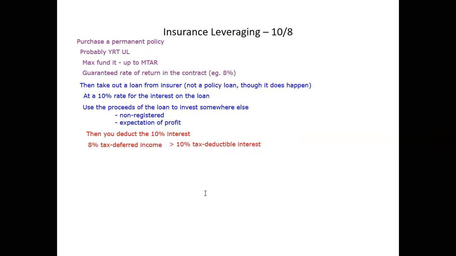Okay, the cost of that 10% tax deductible interest when you have a 45% tax rate, for example, is really only an effective, is just going to be 5.5%. Okay. Is that a fair description of the old 10.8?